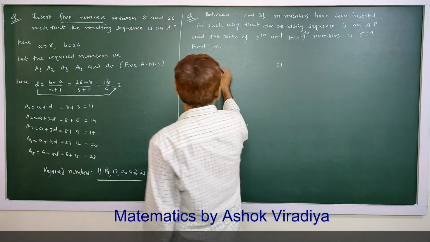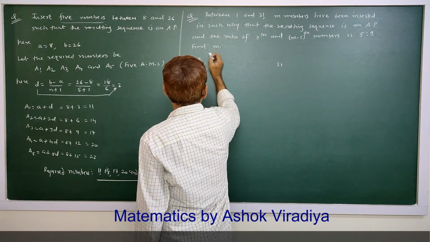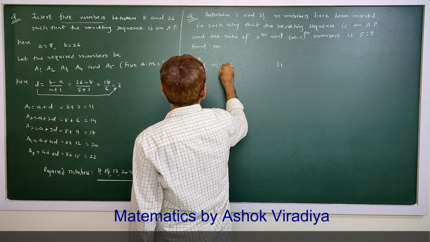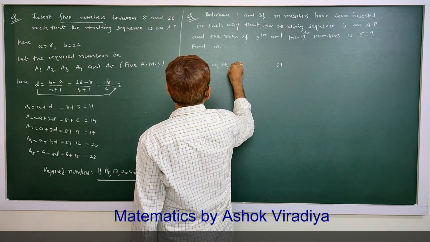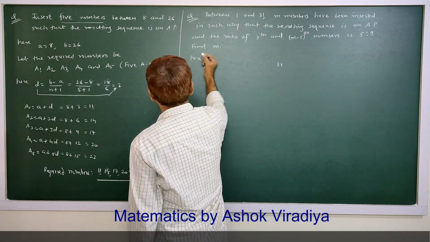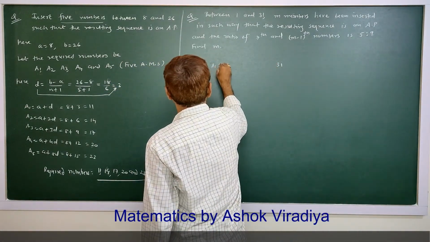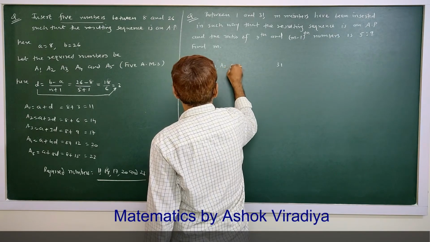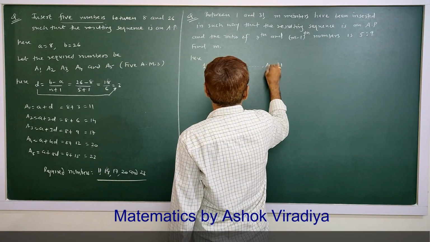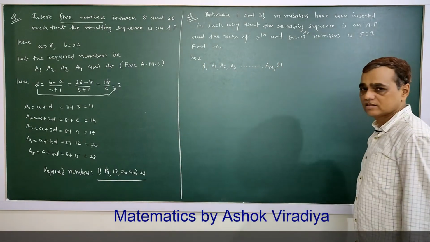Suppose the m numbers are, okay, we are taking the same symbols, a1, a2, a3 up to am, then the last is 31.